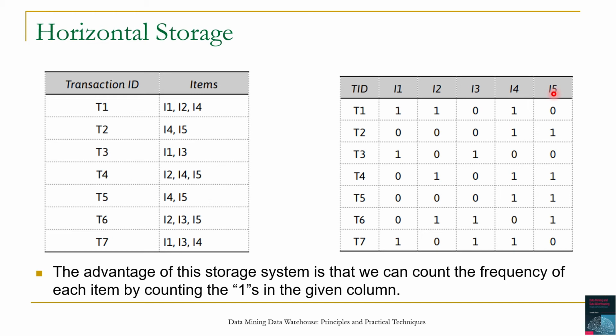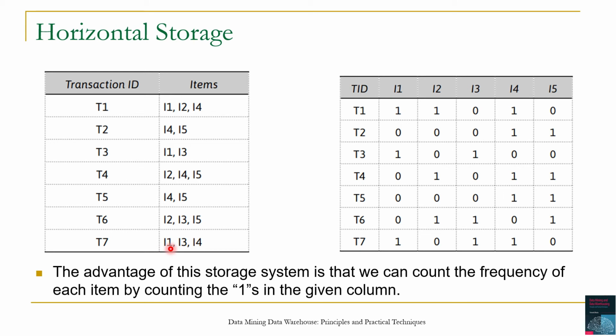In transaction T1 we have 3 items, I1, I2 and I4, so we put 1 under I1, I2 and I4 to indicate presence of that item in the given transaction, while for all other items it will be 0. In transaction T2, we have two items, I4 and I5, so we put 1 under I4 and I5, and 0 for all others. This way, we have stored the data about all the transactions.